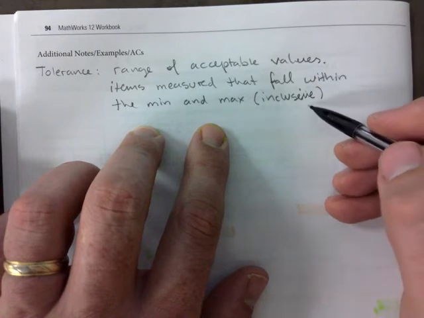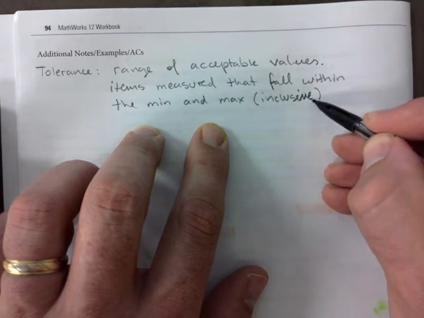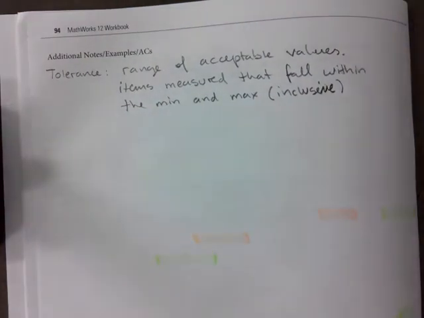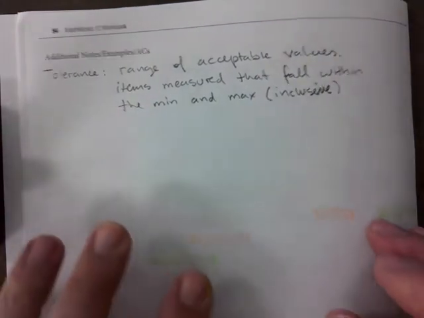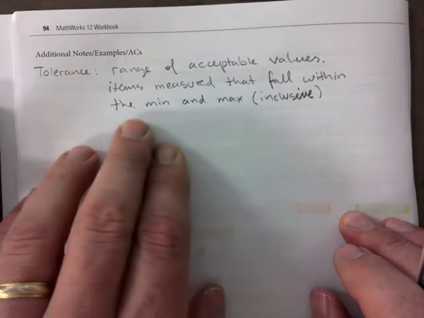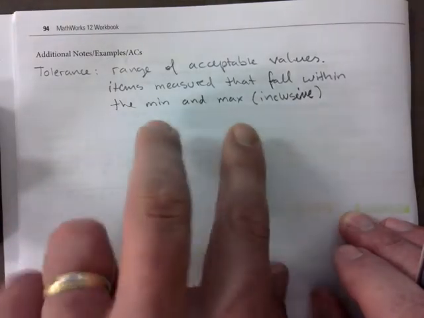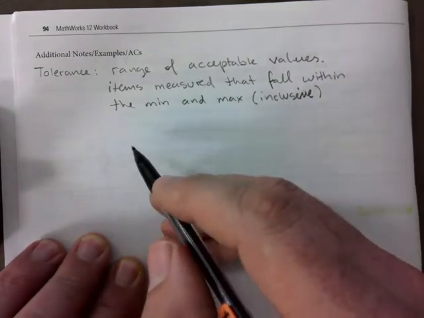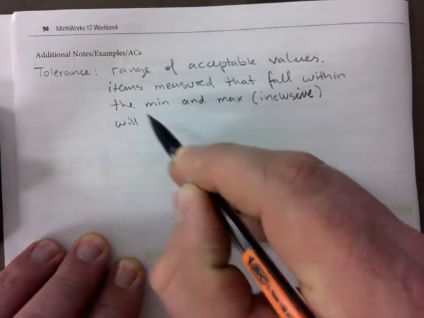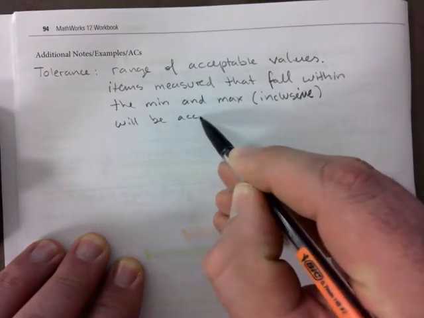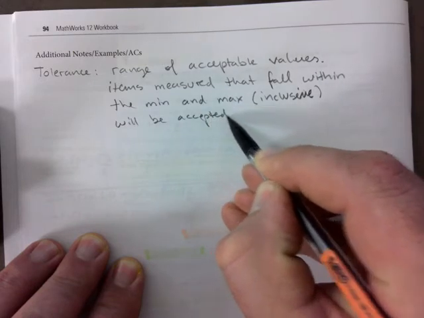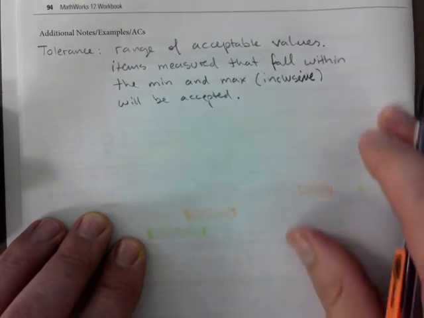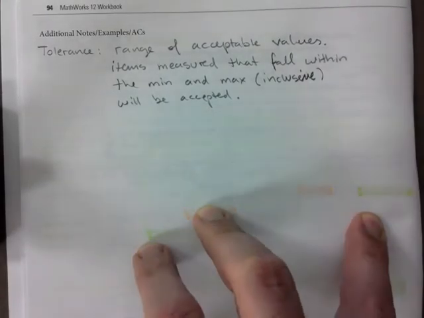Anyways, it says inclusive there. Items measured that fall within the min and the max, inclusive, so like it could be exactly that number, will be accepted. It will not be discarded, it will still be accepted.